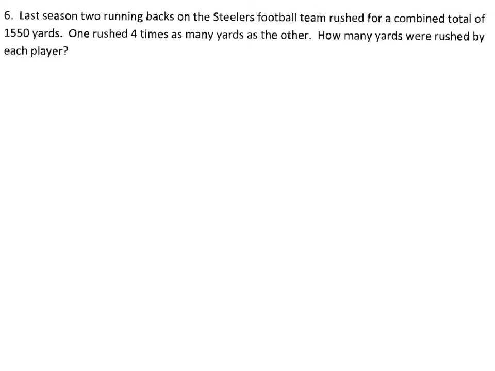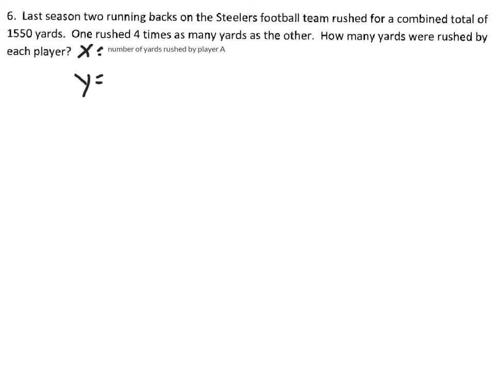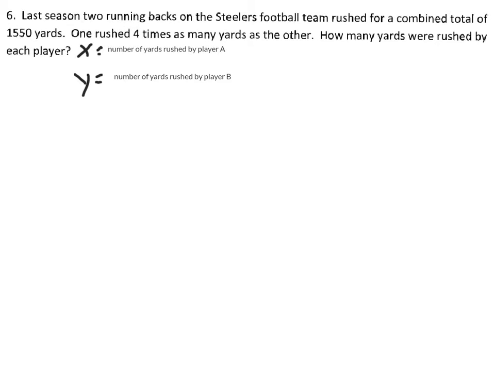So we need to set up some variables, and we should say that we can let X be the number of yards rushed by player A, and we can let Y be the number of yards rushed by player B. Now we know that they rushed for a combined total of 1,550 yards.